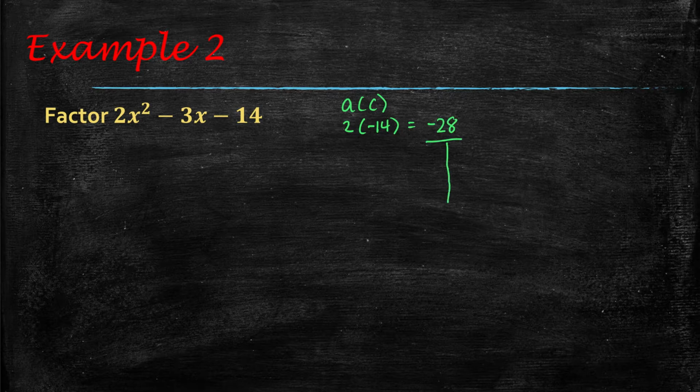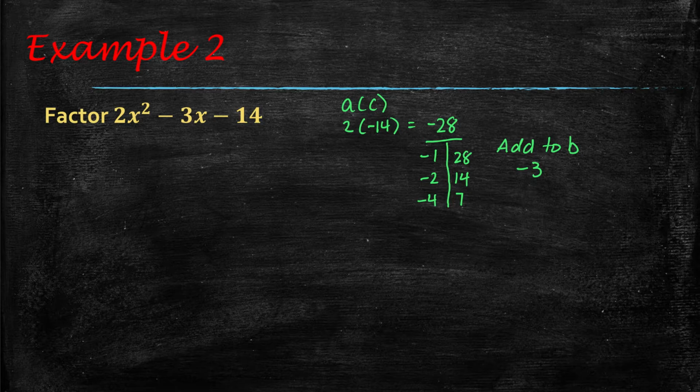So we're going to write down factors of negative 28. And remember, we're looking for the ones that add up to B, which is a negative 3. Okay, so let's just list them out. Negative 1 times 28, negative 2 times 14, negative 3 does not go into that, but negative 4 does, negative 4 times 7, negative 5 doesn't, negative 6 doesn't, and then we're back at 7.